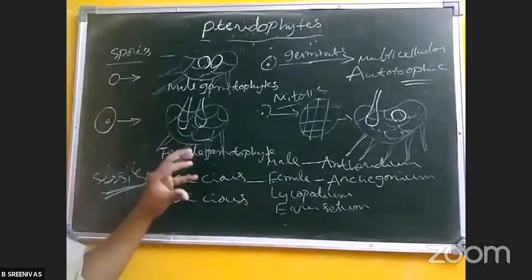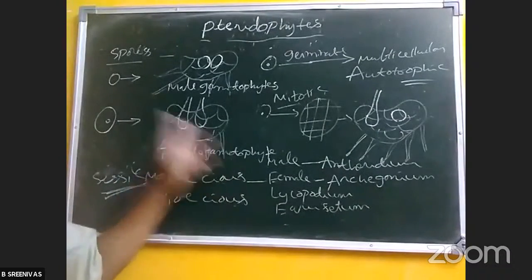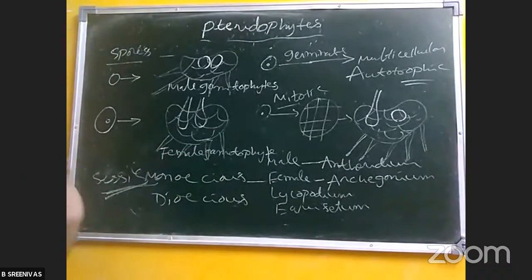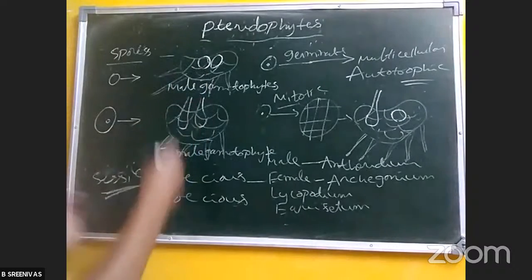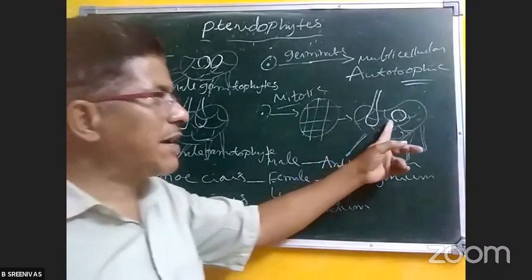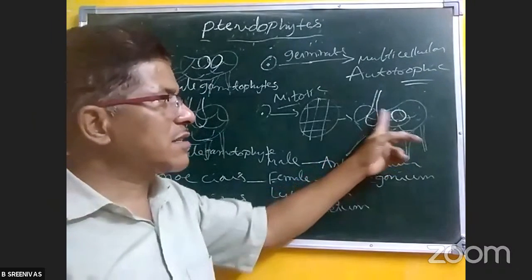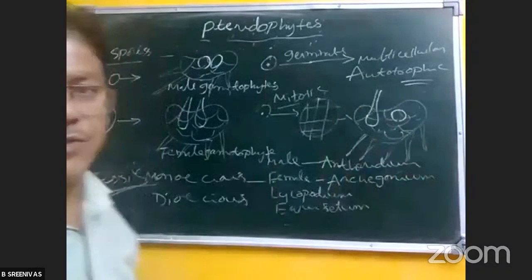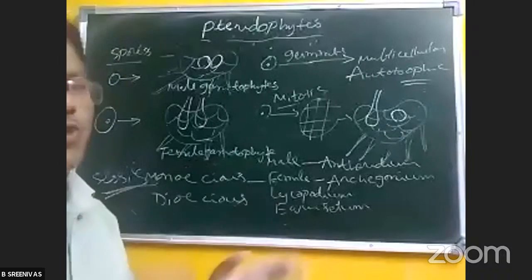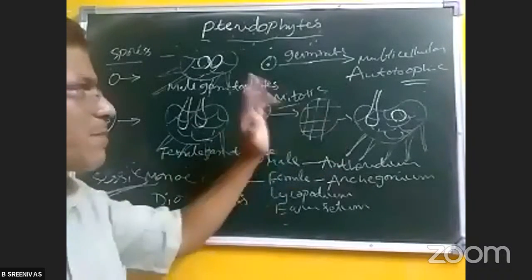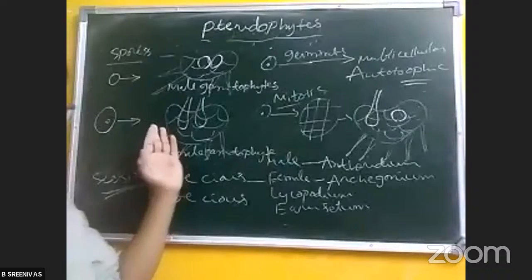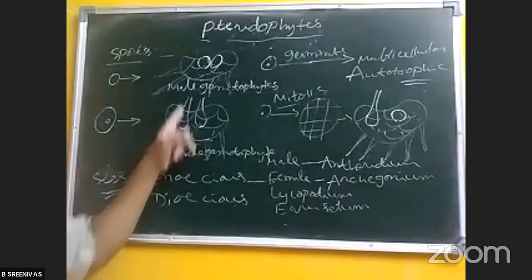These are separately present, but here archegonia and antheridia are present together on the same gametophyte. If they are present on the same gametophyte, it is the monoecious condition. If they are present on two different gametophytes, it is called the dioecious condition.